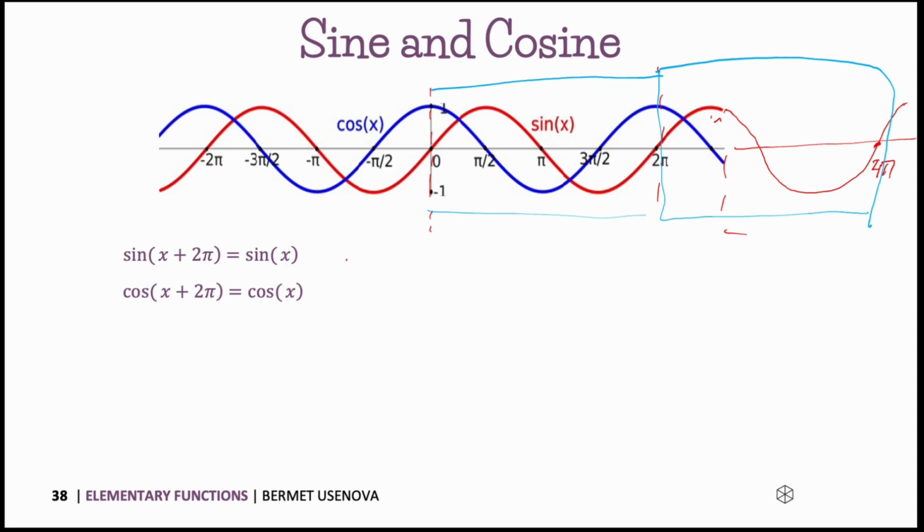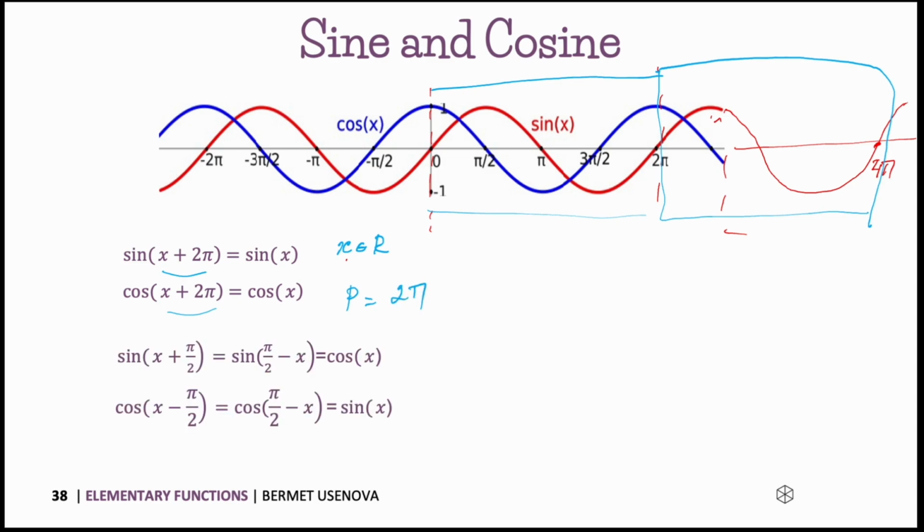That's why they are called periodic functions. And whenever we add 2 pi to the radian, we will get the same value again. The same goes for cosine. It means that for any number x, sine and cosine are both periodic with period equal to 2 pi.